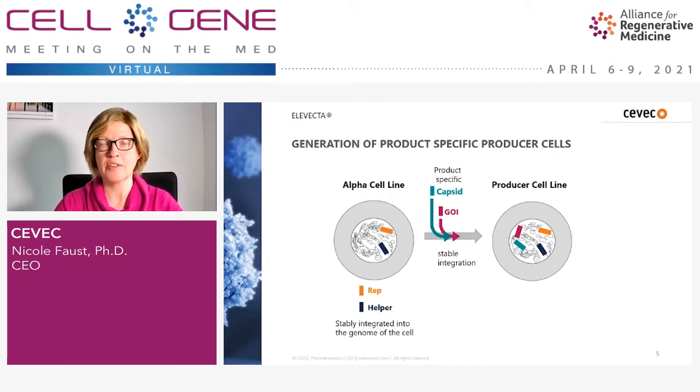Obviously, for an AAV vector, you always need a product-specific gene of interest, a therapeutic gene that's delivered as a cargo. And in many cases, a specific capsid is desired. It can be one of the common, well-known AAV serotypes like AAV2, 8, 9, but very often our partners have also developed their own proprietary serotypes, which they are using in their AAV therapeutics.